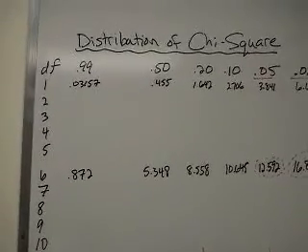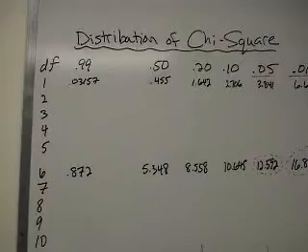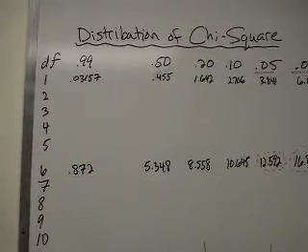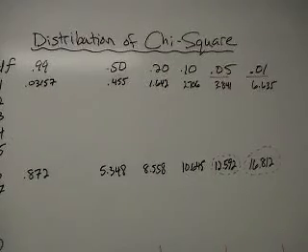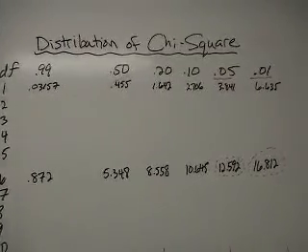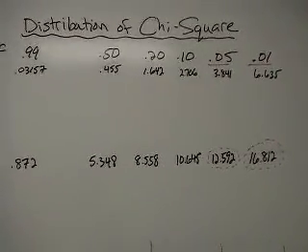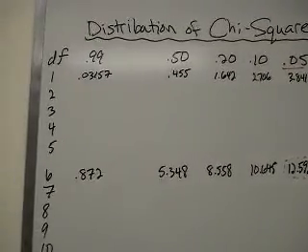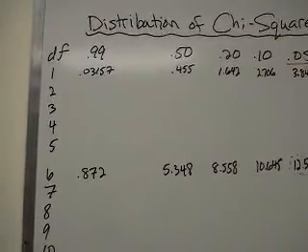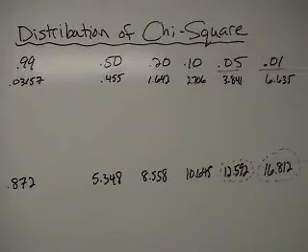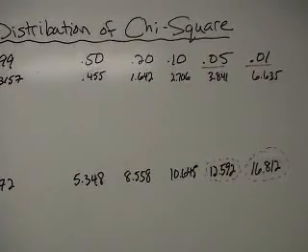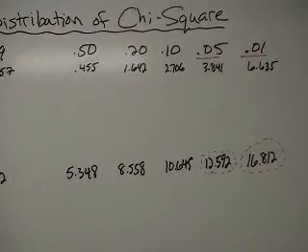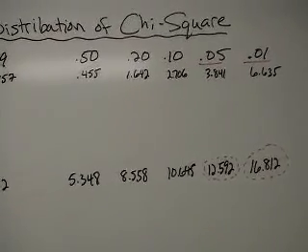Just so you understand how this table works, if we're looking for our thresholds of statistical significance, we can see along the very top that we're interested in the levels of statistical significance at 0.05 and 0.01. If you had a degrees of freedom of 1, then your chi-square would have to be bigger than 3.841 to be statistically significant at 0.05, or bigger than 6.635 to be statistically significant at 0.01.